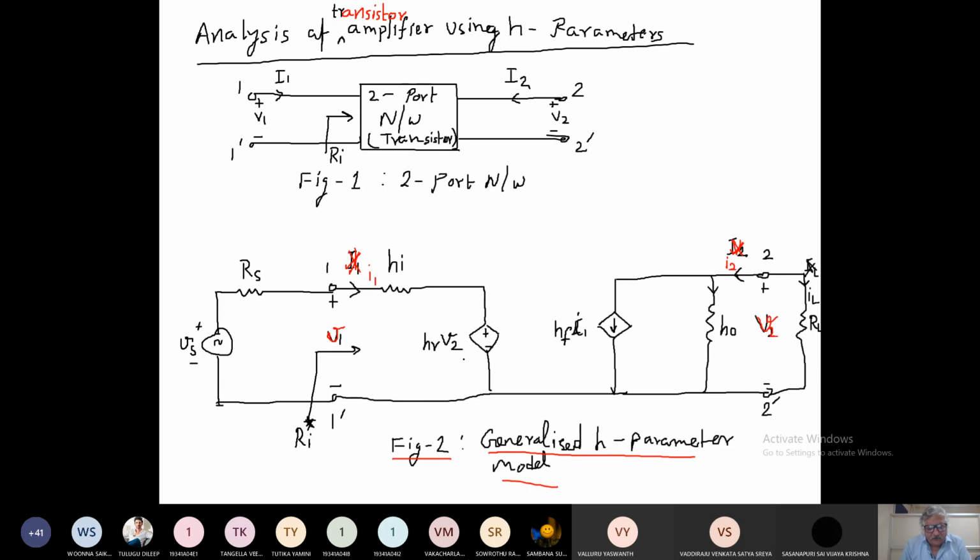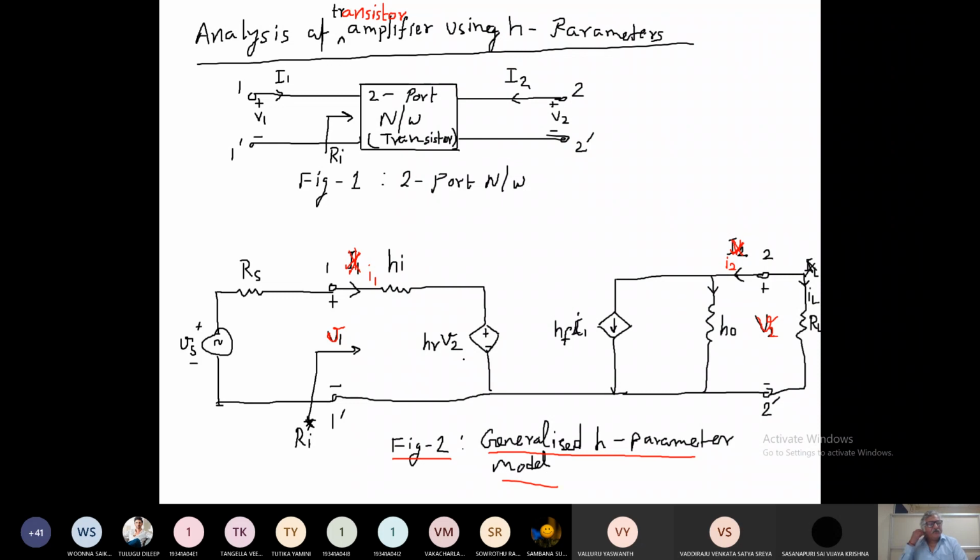Generally, if you recall, when you use the Thevenin theorem, you don't replace the dependent sources; you keep them as they are. But if you have any independent voltage source, you replace that by a short circuit.